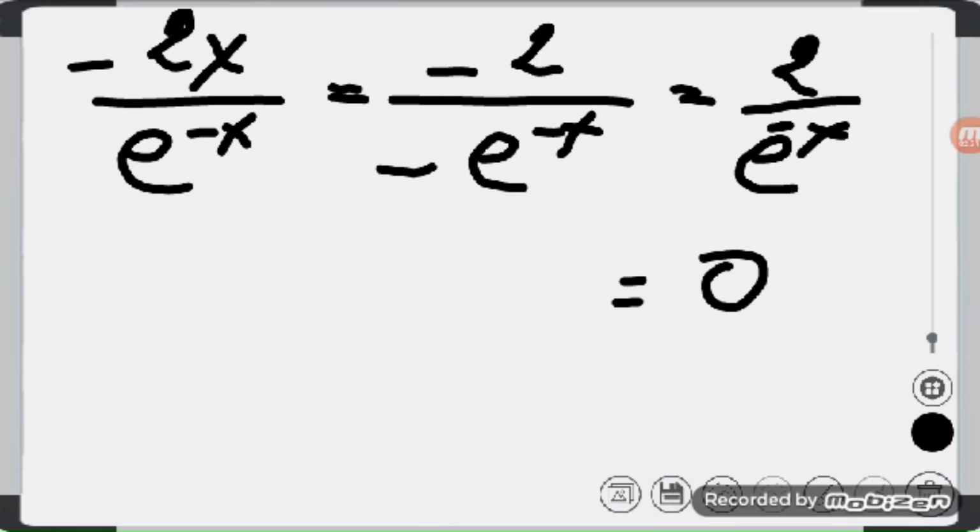So this is how we can apply L'Hopital's rule.